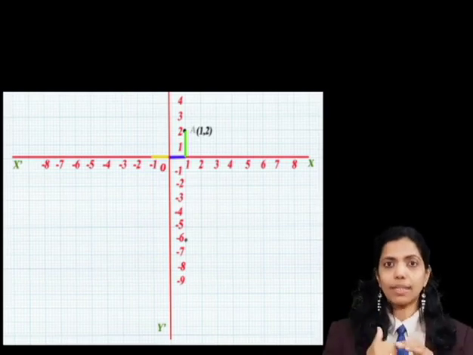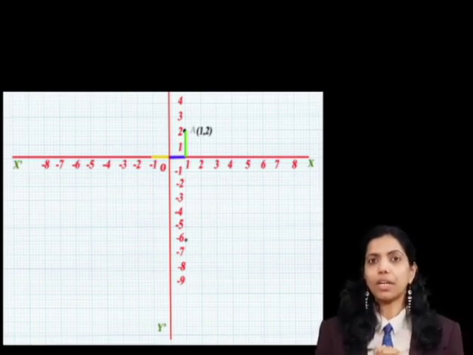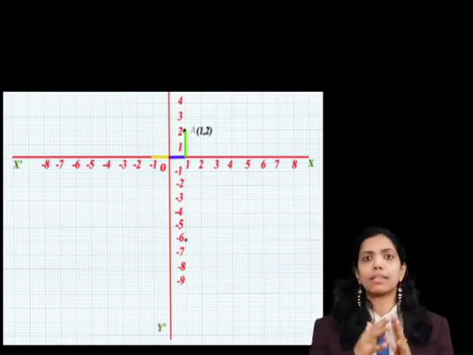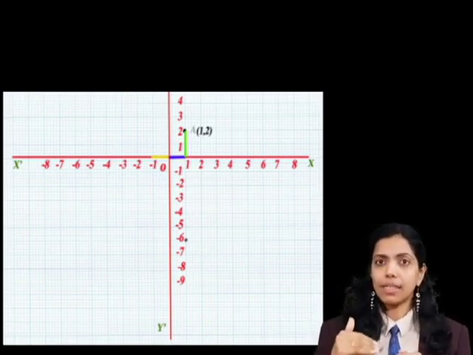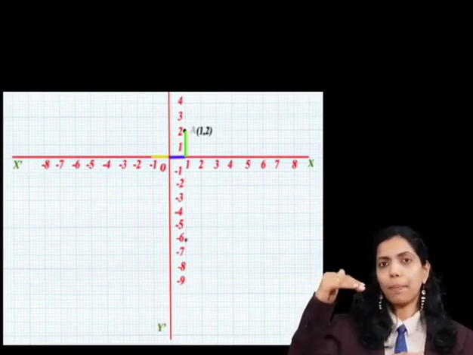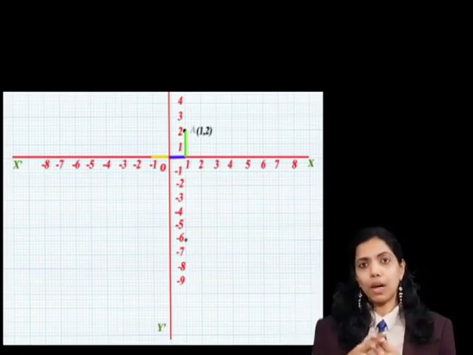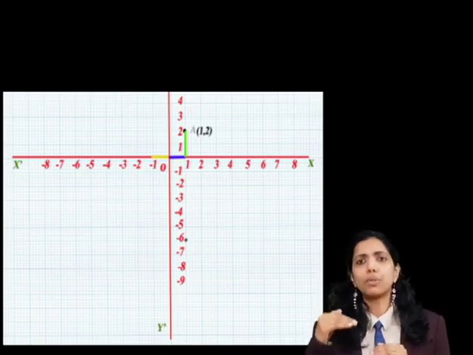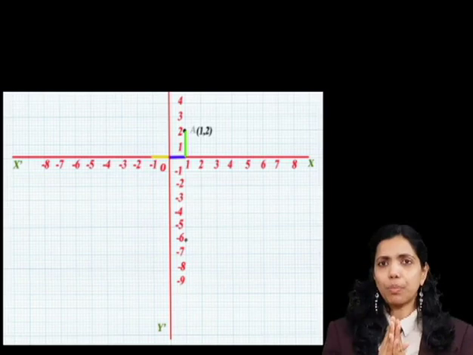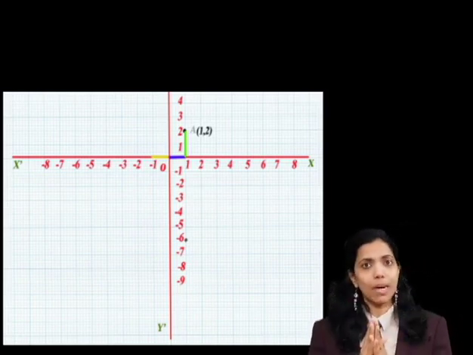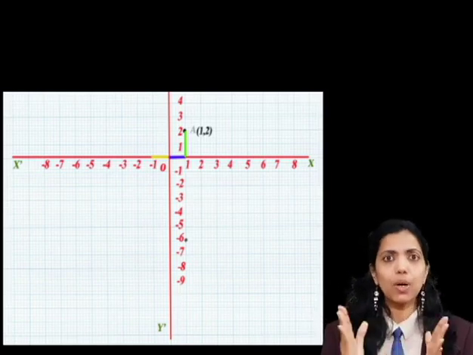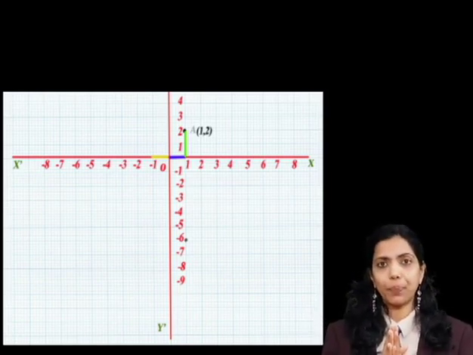As we know, the y coordinate of a point is the perpendicular distance from the x-axis. So from the x-axis, I have to move upward, since it is positive. And how much do we have to travel? We have to move 2 units in the upward direction. So the intersection point we get is (1, 2). Let us proceed. We can mark that (1, 2) as the very first point A.